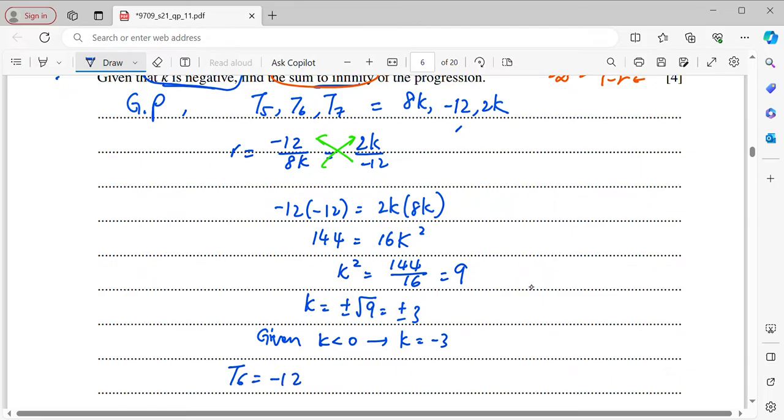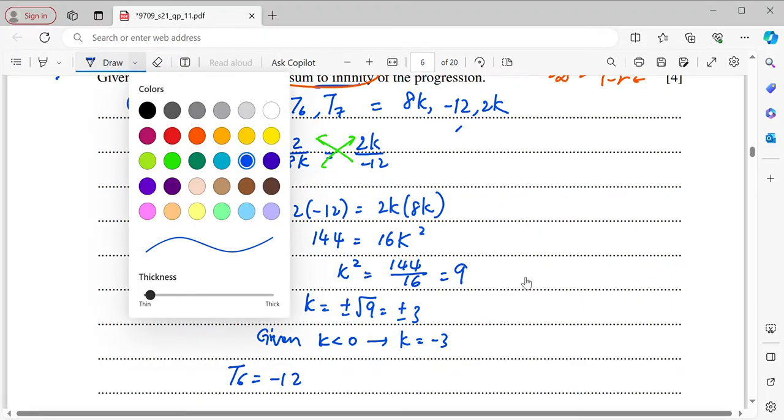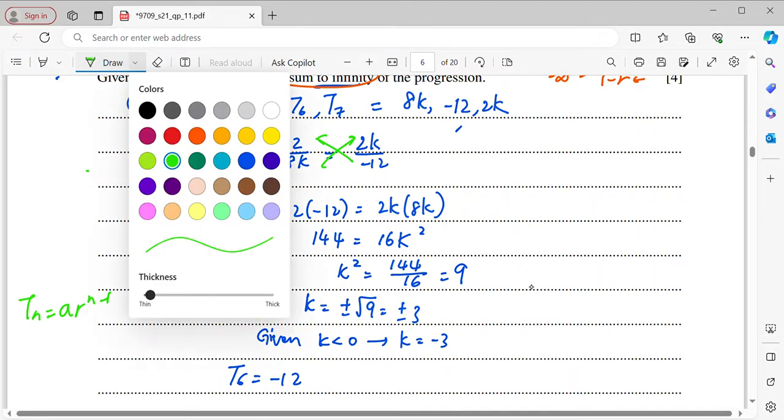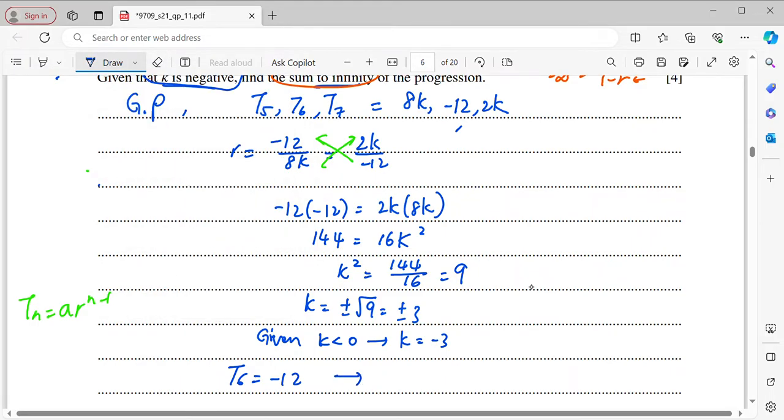You should understand that for a geometric progression, the nth term Tn is a r to the n minus 1. That means a r to the power of 5 equals negative 12. Then what is my r first? My r is negative 12 over 8k, and my k is minus 3, so here it is going to be half.